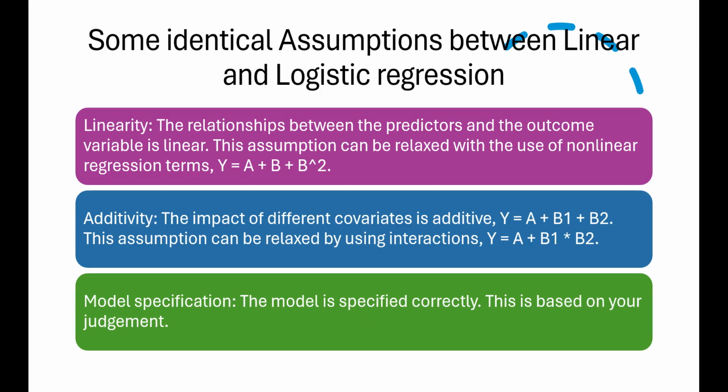So that additivity we see with the plus sign for a plus b1 plus b2. However, this assumption can be relaxed by using interactions. For example, our formula might be y equals a plus b1 times b2. So our two terms, variable 1 and variable 2, interact because we're multiplying those two values together.